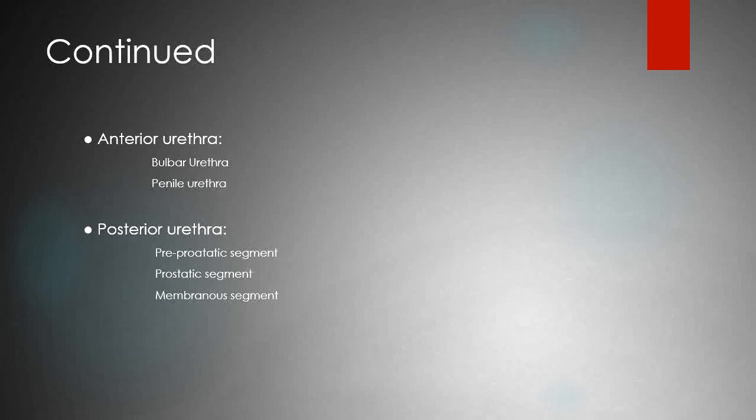Anterior urethra is basically the spongy part, which is surrounded by the bulbospongiosus muscle. Bulbourethral gland also opens in this section. Then the posterior urethra is only 4 cm long and it constitutes 3 segments: pre-prostatic segment, prostatic segment and the membranous segment.